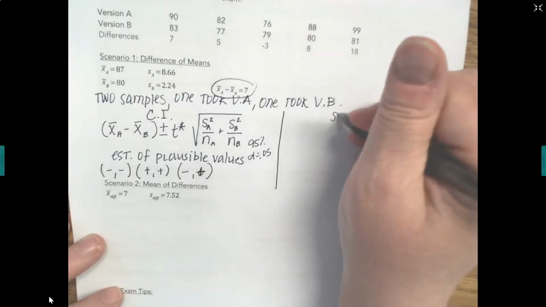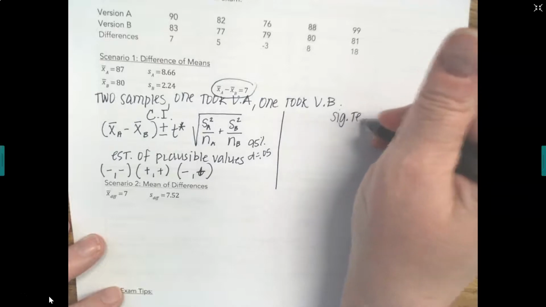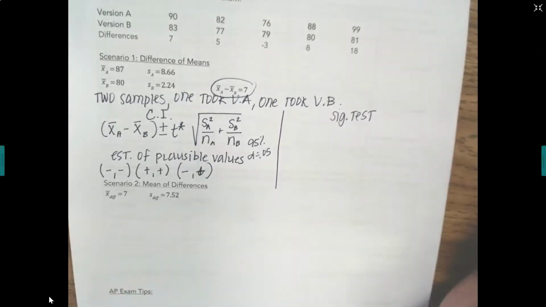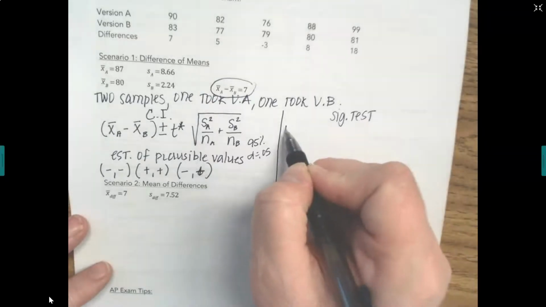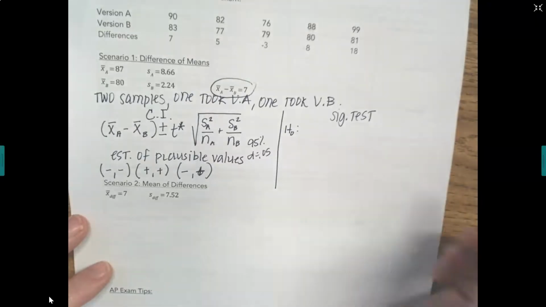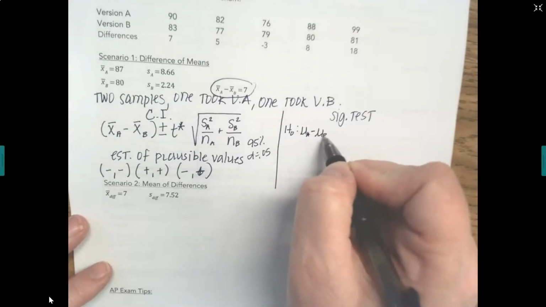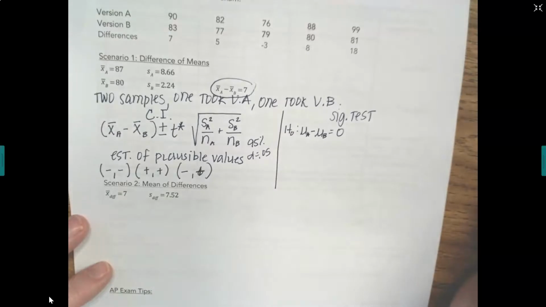Then we had our significance tests. So for your significance test, you'll have to write a hypothesis for your null and alternative. So your null is the mean of A minus the mean of B will be there is no difference.